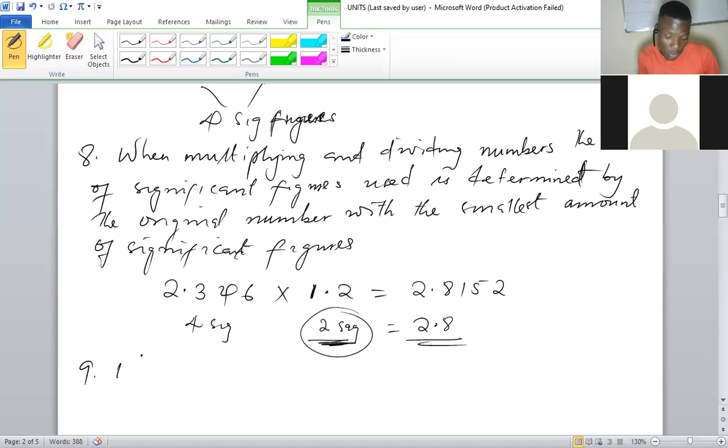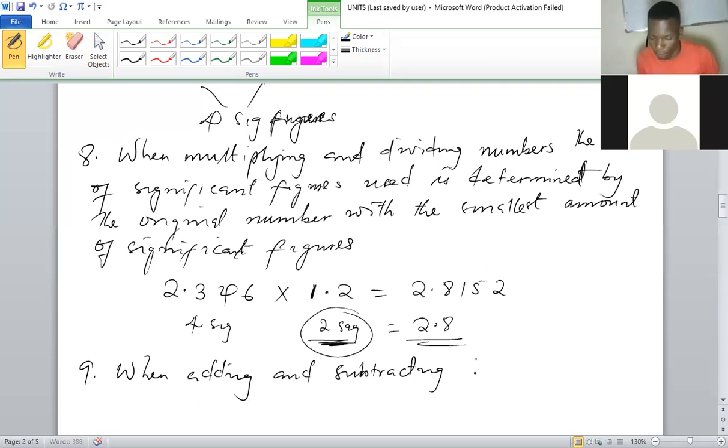Okay, when adding and subtracting, the final number. Yes, please.